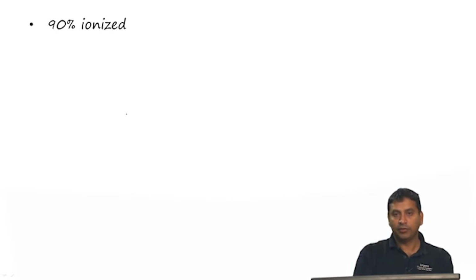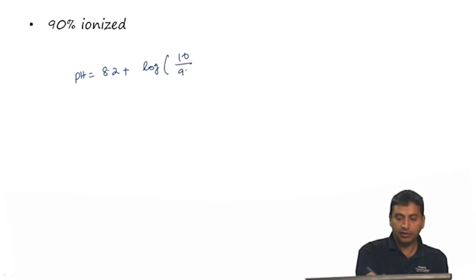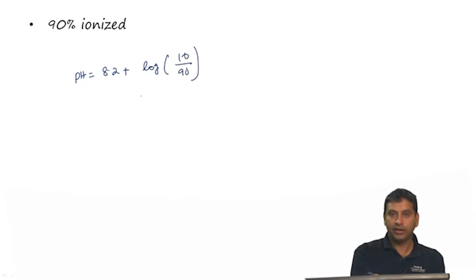In the next case, if you want it to be 90% ionized, then pH equals 8.2 plus log of 10 divided by 90. Okay. So, this number becomes 0.95, only thing is it has a negative sign. So, 8.2 minus 0.95 will give you 7.25.